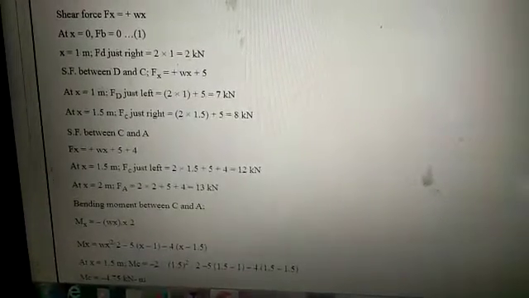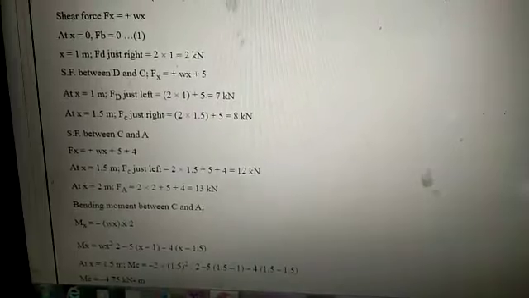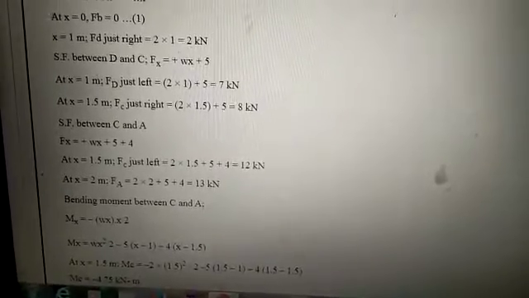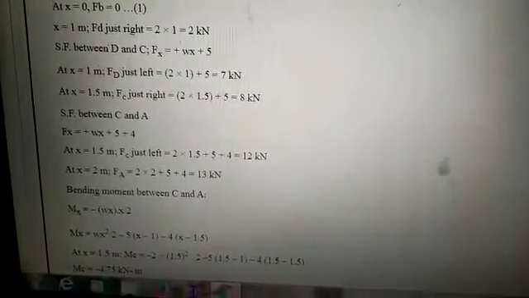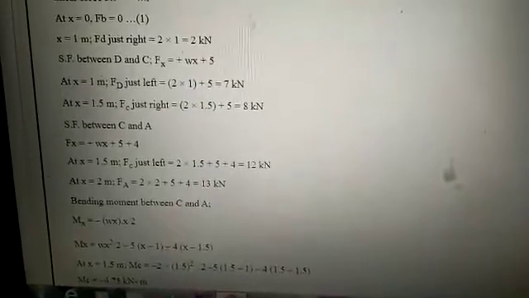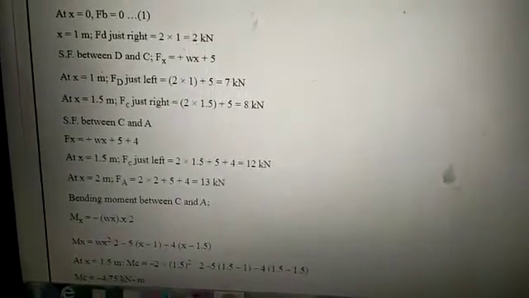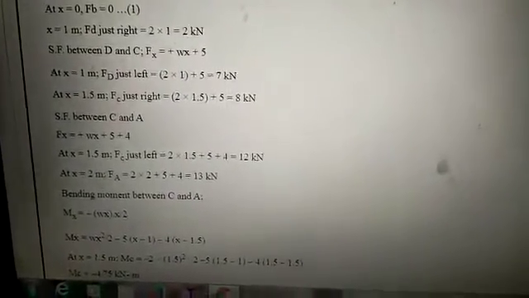So here it is written as Fb is equal to 0. Now we can find out the same shear force at a distance of 1 meter, which is shown. At X is equal to 1 meter, we can also refer to this diagram, which is same as what is given in the slide.